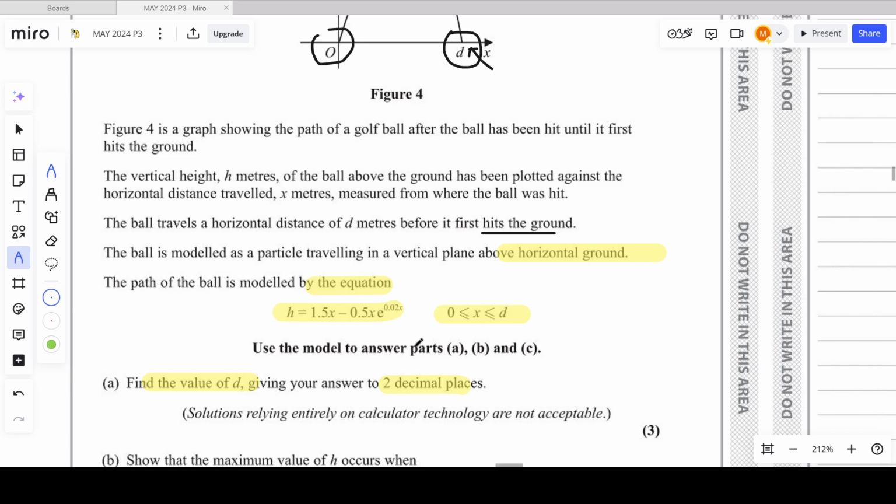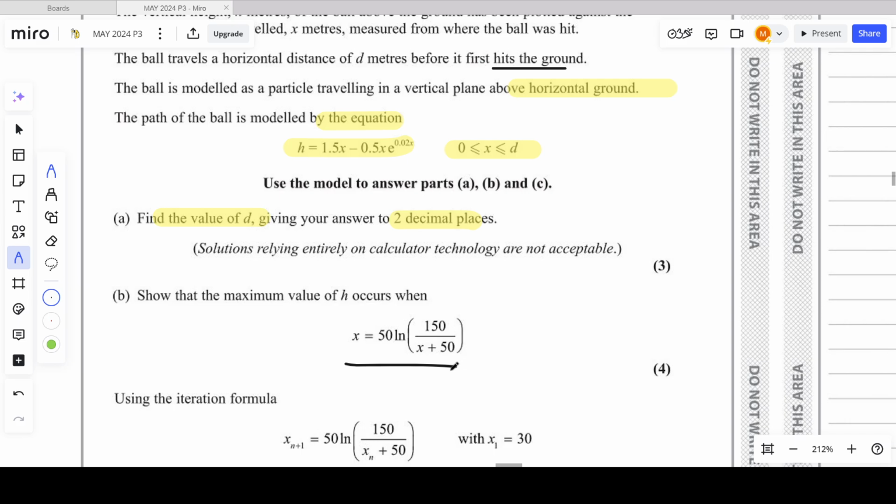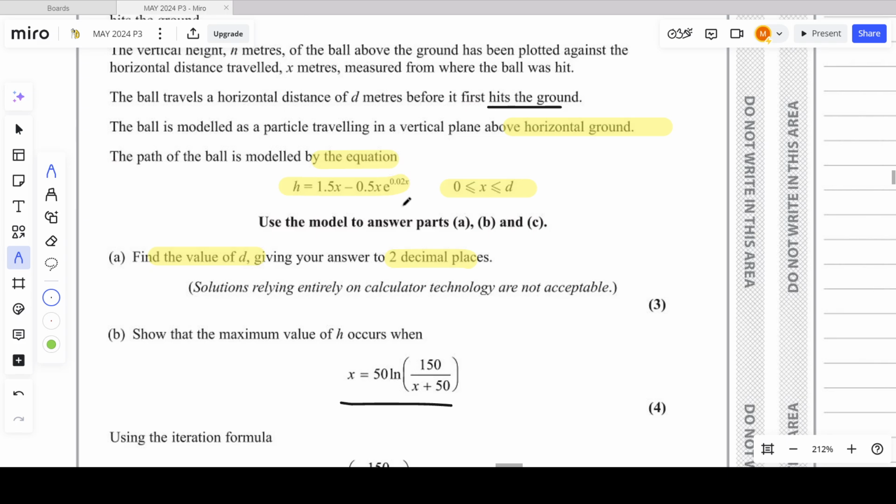Next is part B. Show that the maximum value of h occurs when x equals this. Whenever the question says anything about maximum value, that is nothing but a stationary point.